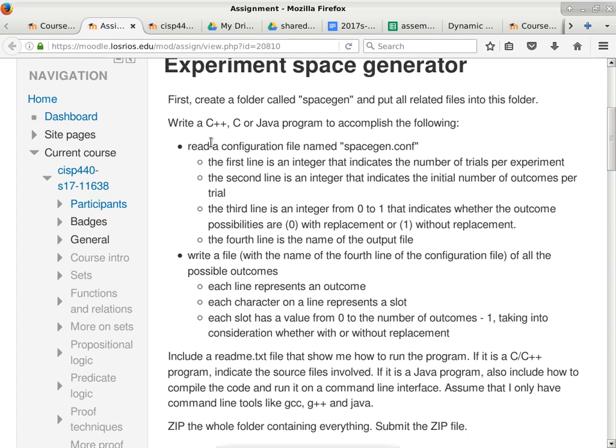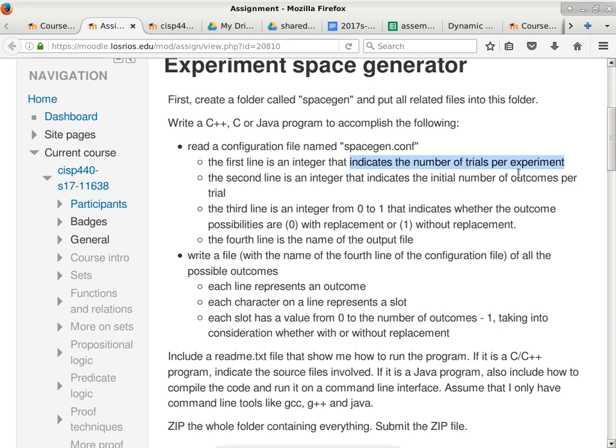Not easily. Okay, so the first thing your program has to do is to read the configuration file. The file name of the configuration file is always spacegen.conf. You can hard code this into your program. The first line of this configuration file is an integer. The integer indicates the number of trials per experiment. In our example here, this would be 3.